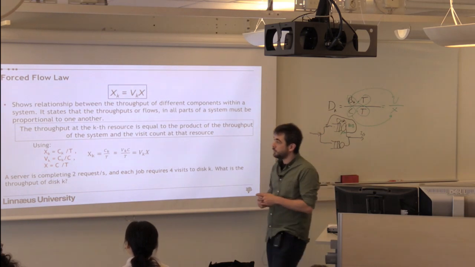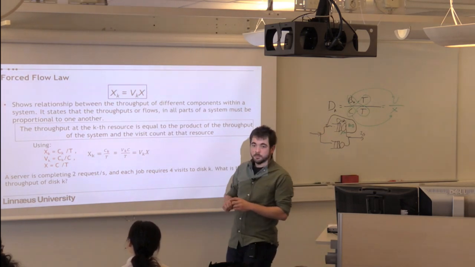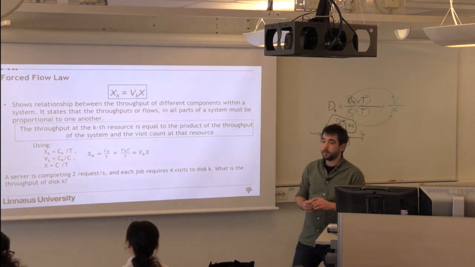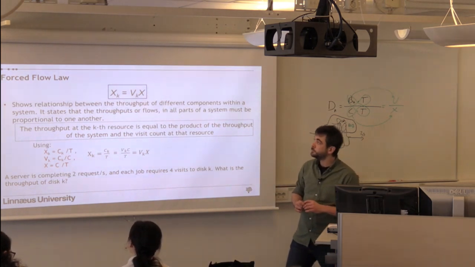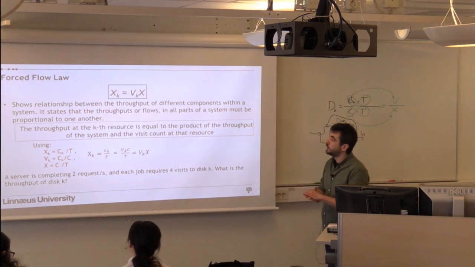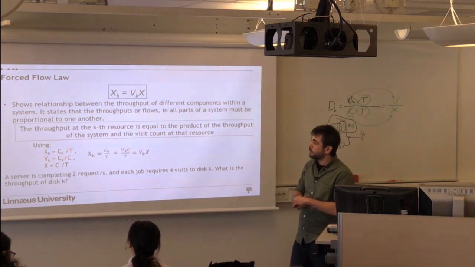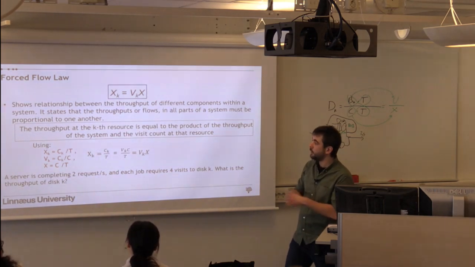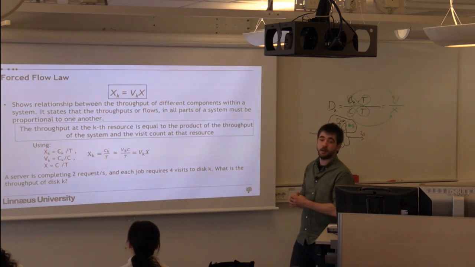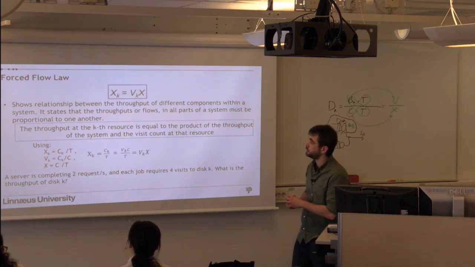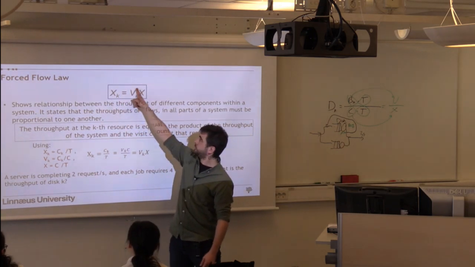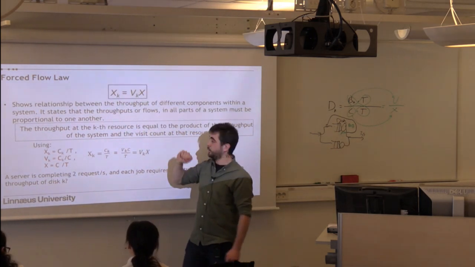And it says that the throughputs, also called flows, in all parts of the system are proportional to one another. And the proportion is the number of visits to the subsystem. So the throughput of the k resource is equal to the product of the throughput of the system and the visit count of that resource.